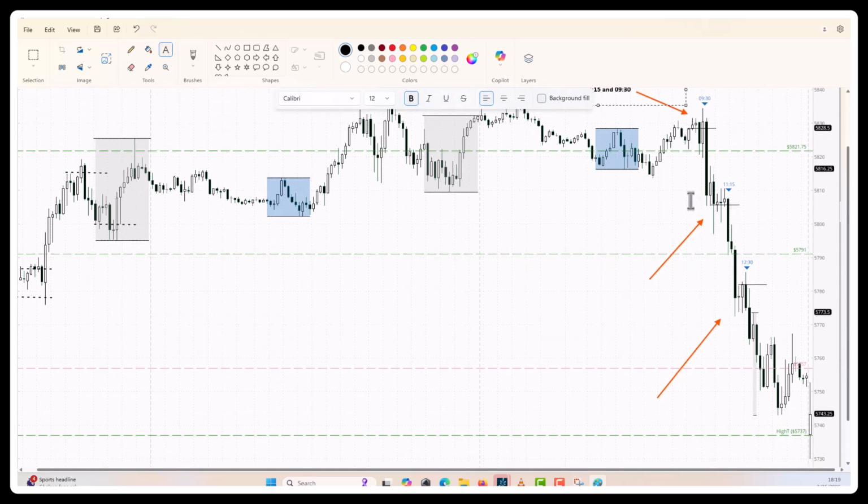And this right here is a real breakout also. Yep, real breakout.